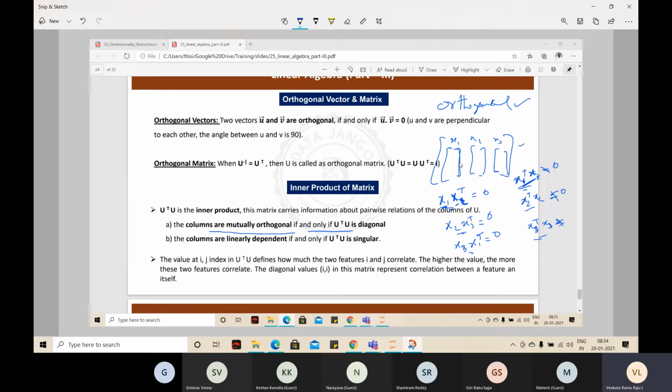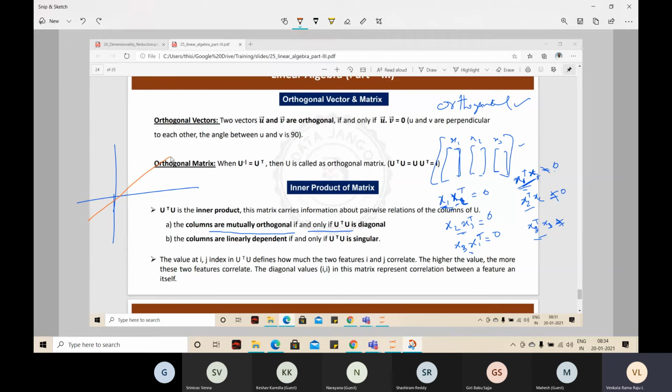an orthogonal matrix. When I say orthogonal matrix, it's going to be like this. This is x1, this is going to be x2, and there is another x3. I think I should have taken another color for the vectors.